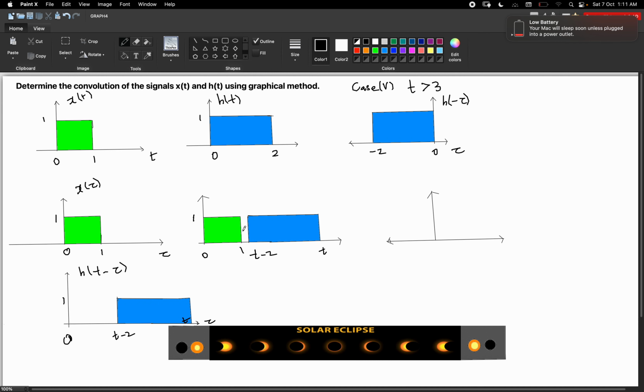And here you can see there is no overlapping between the green and blue region, that is x of tau and h of t minus tau. So if you consider the value of t as 3.5, since t is greater than 3, then this value will be 1.5, so obviously there will be no overlapping.